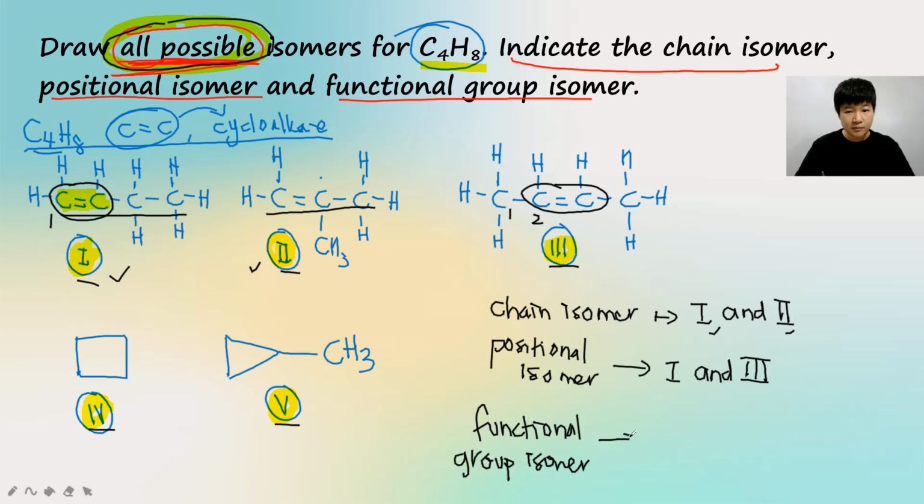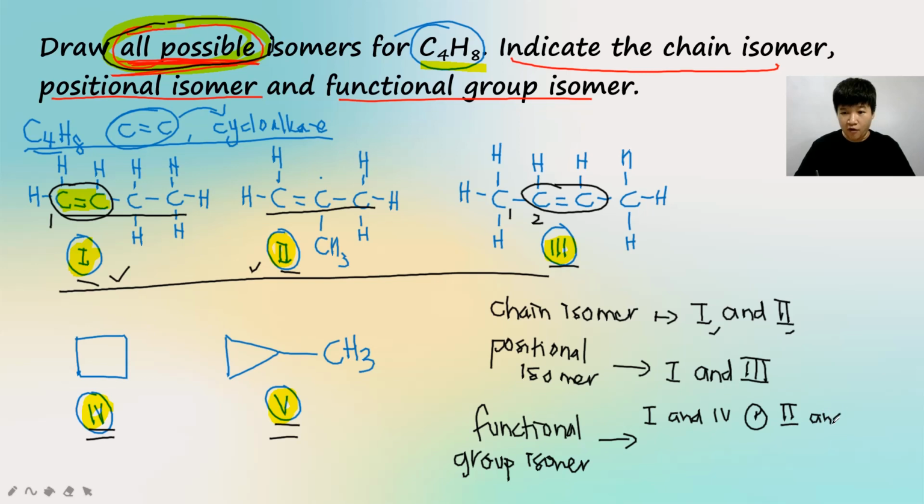Last but not least, which between them is functional group isomer? Functional group isomer can be any of the 1, 2, 3 with Roman 4 and Roman 5. You can take Roman 1 and 4, you can take Roman 2 and 4, or you can take Roman 1 and 5, or so on.